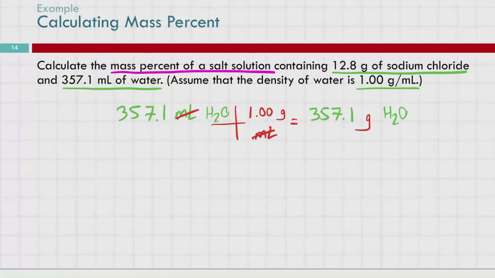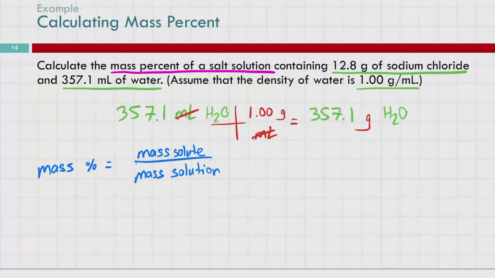All right, so we are trying to get to mass percent of the salt solution, so we need to use our formula. Mass percent equals mass solute over mass solution times 100%. We have the mass of the solute. It's this 12.8 grams.